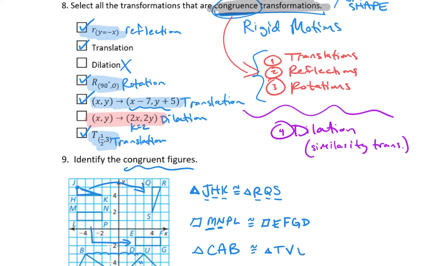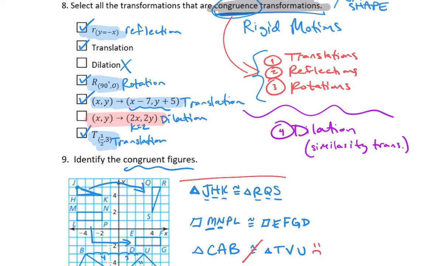B did not match with U because B was 4 units away from the line and U was 3 units away from the line. So that means it wasn't a good reflection. It looked like it was going to be a reflection, but it wasn't because they didn't do it right. It doesn't line up. It doesn't work out.